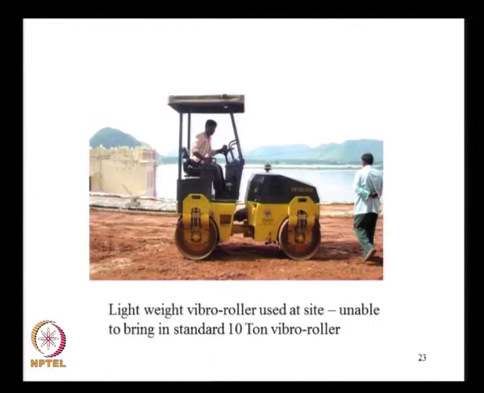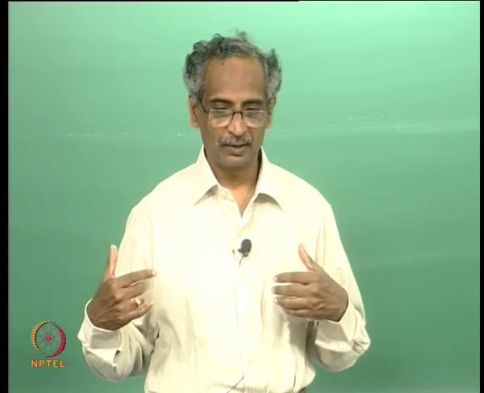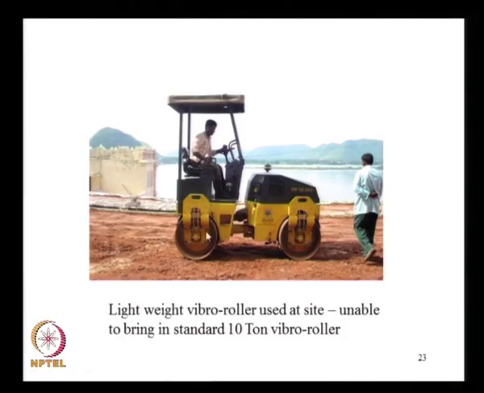And the compaction was a major problem at this place because you cannot bring in the standard 10-ton vibro rollers because of the access difficulties. So only a lightweight roller could be brought in, and the compaction with this may not be as good as what we get from the standard 10-ton roller.